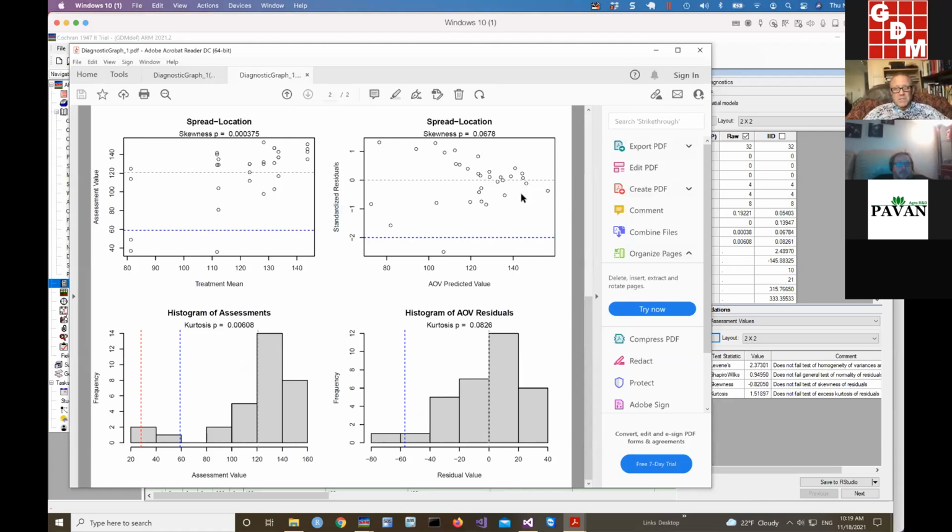And we see the spread among the residuals is much smaller for larger values and large for smaller values. And we also see it in the assessments. And that also introduces a skewness to our data, given the nature of the spread of the data.